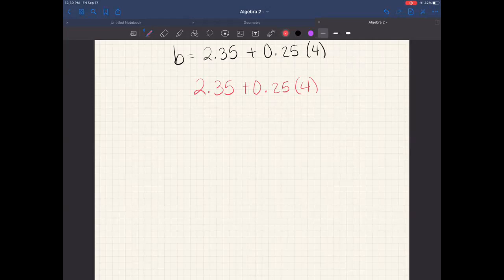So 0.25 times 4 is going to be 1. So that gives 3.35. Or what letter is that one? That one is D. 3.35.